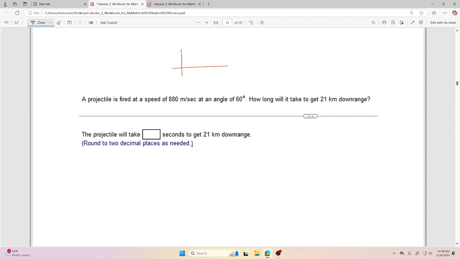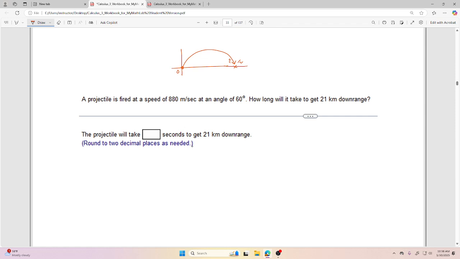My first thought is that we're probably starting at 0, 0, and then we go pew, and then it goes boom.